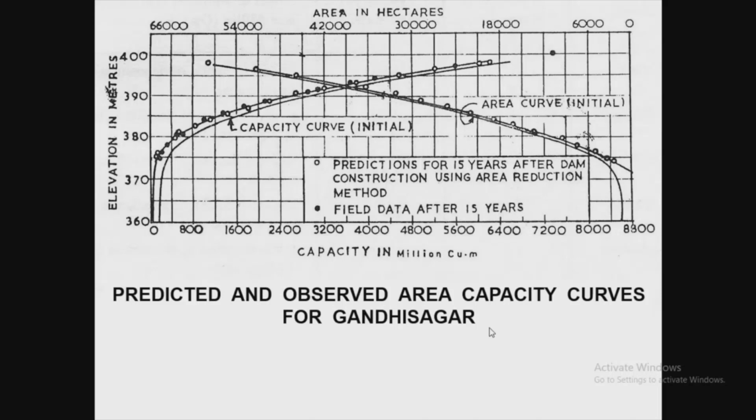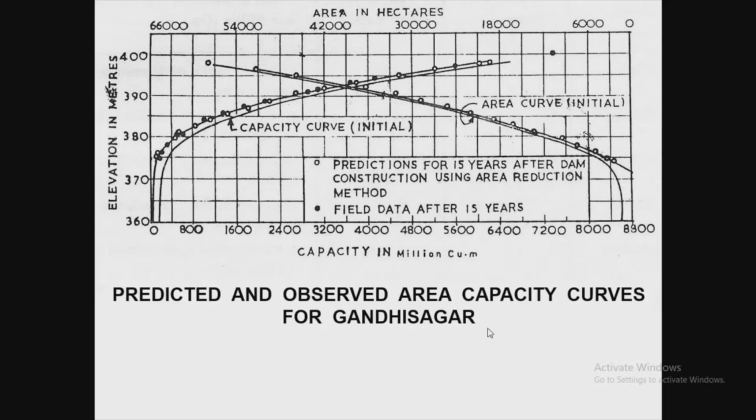They are keeping this original area capacity curve. Whenever we calculate the capacity at each level from any method, we have to compare with the previous capacity. Then only we will come to know that previous capacity minus this capacity is the encroachment in capacity, that is the sediment deposited in the reservoir. So the area capacity curve plays a very important role, because that is the base of our study.